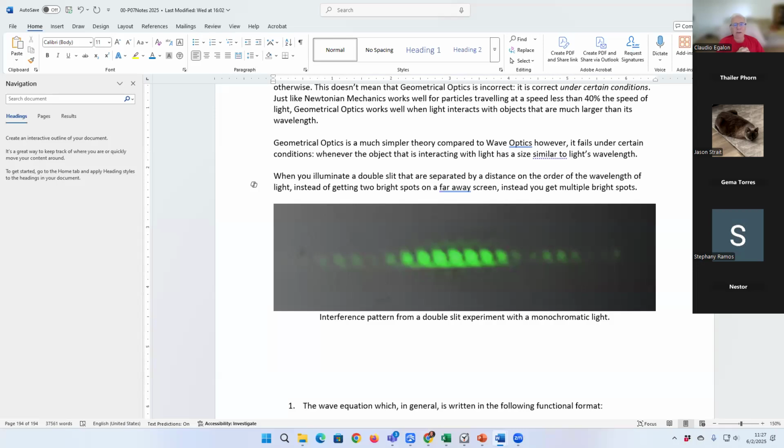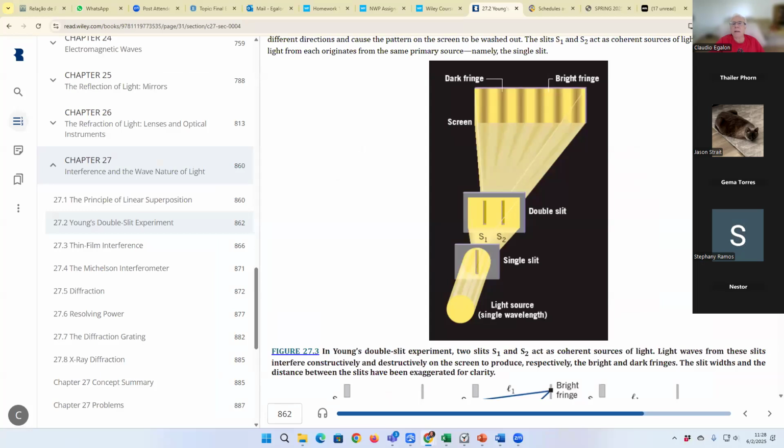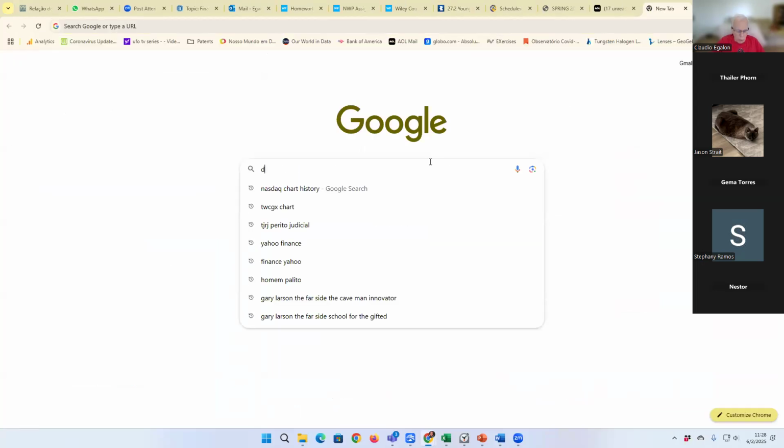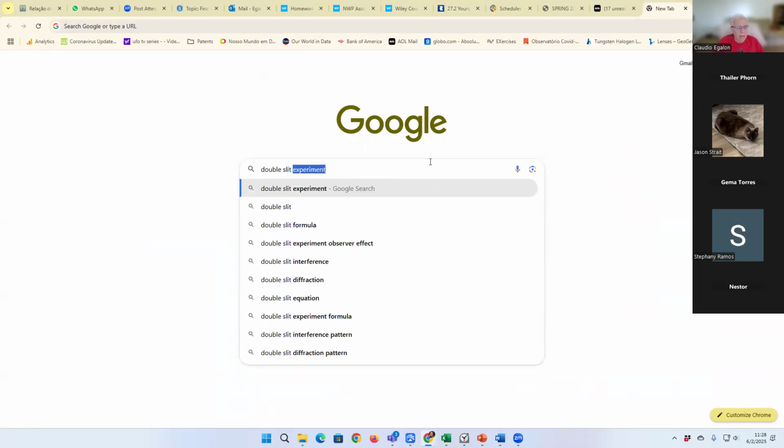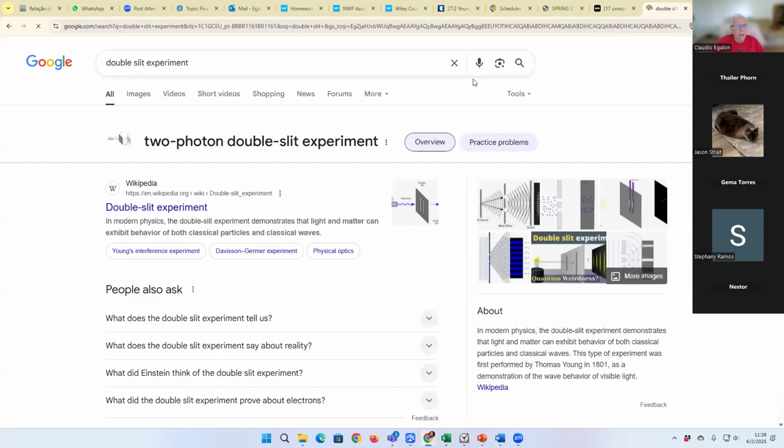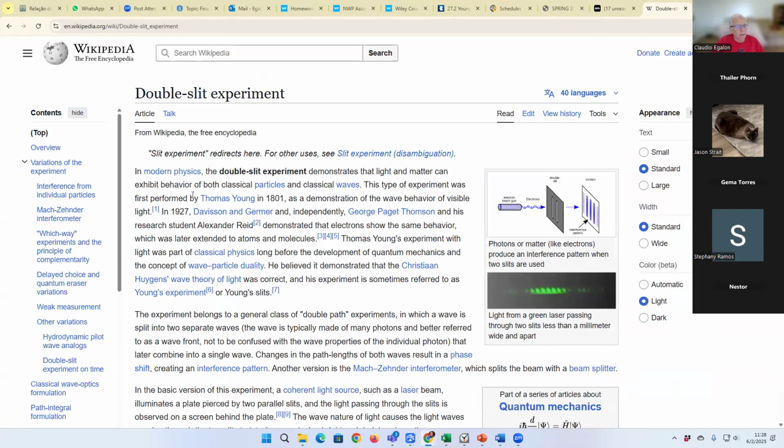Think about the guy first observing this situation. The first man to observe something like that. Most likely it was Thomas Young. Let's take a look at Wikipedia, double slit experiment. Let's see if anybody else preceded Thomas Young.